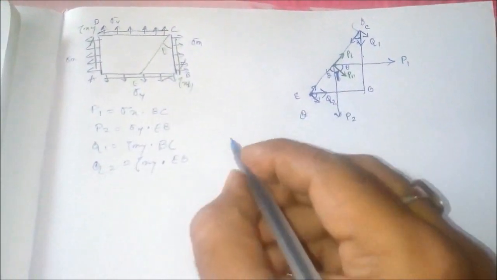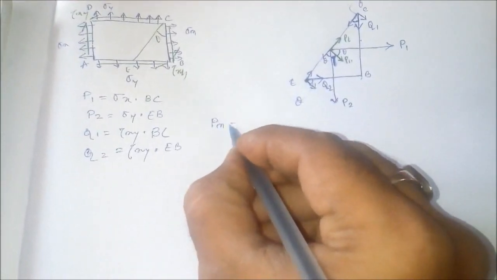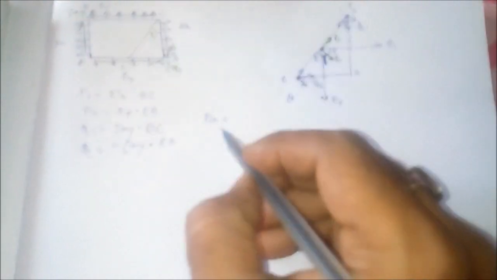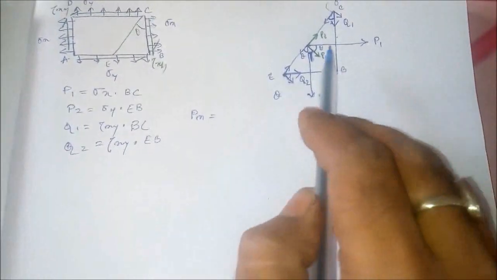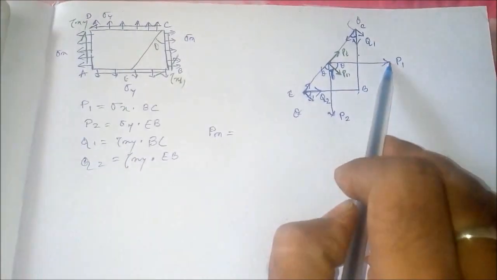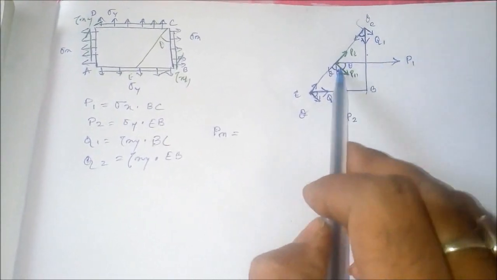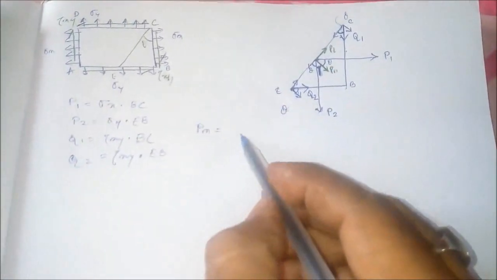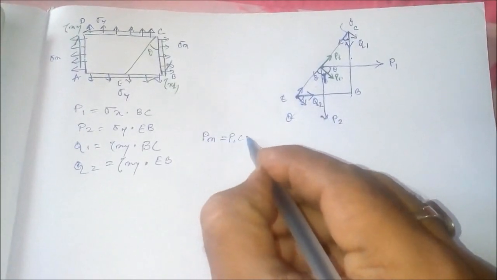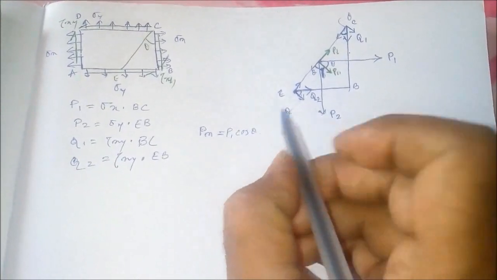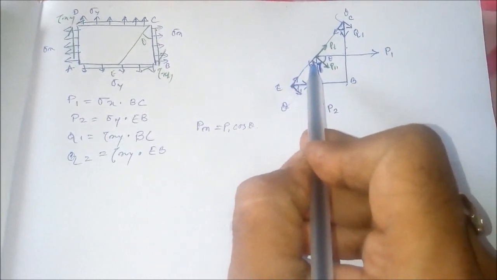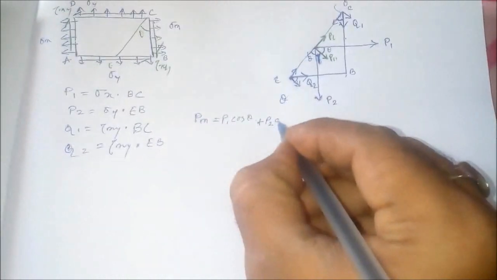Now what will be the values of Pn and Pt then? Now Pn, due to these four forces, the ultimate value of Pn will be equal to one component of P1. If this is P1, this angle will be theta, so the component of P1 will be P1 cos theta. If this is P2, there will be two components, one in this direction, one in this direction, and the angle will be theta, so the component will be P2 sin theta, right?